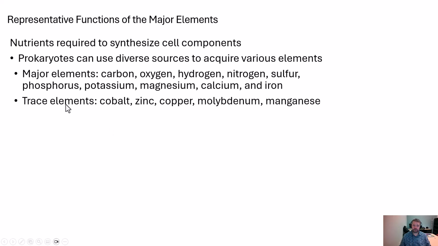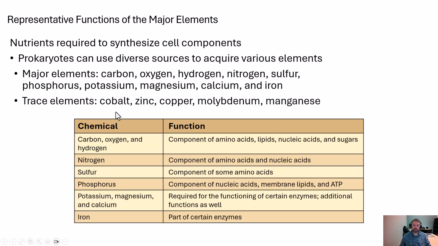There are some trace elements that are really important, like cobalt and zinc and copper, and a few other ones that might have a unique function for individual bacteria colonies. Like maybe it's important for the construction of a specialized capsule, or the construction of an exotoxin, or potentially an endotoxin, or something unique.